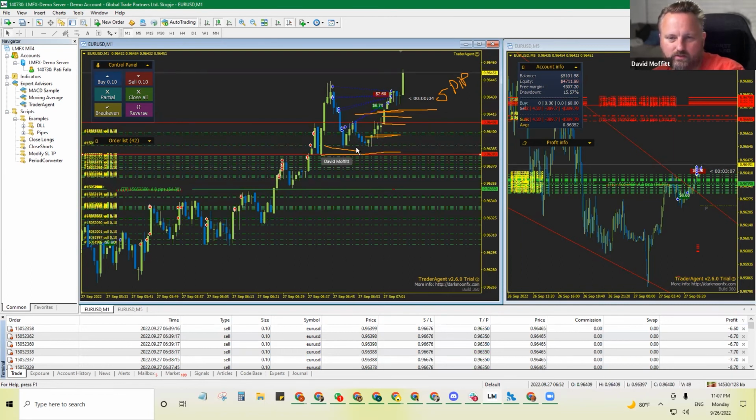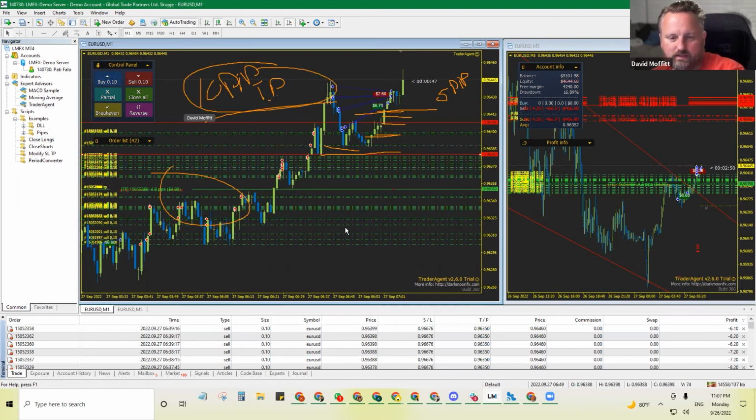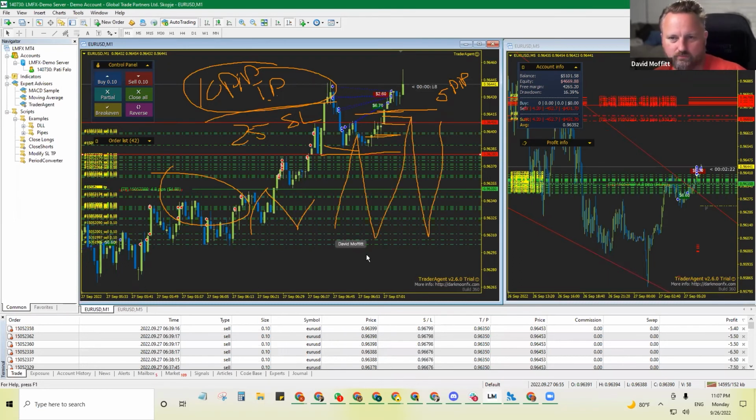And throw layers on with a 10 pip take profit. That'll protect these sells down here. A 10 pip take profit with a 25 pip stop loss. That'll protect these sells if it moves up, and on the sell side, volatility overnight, you should hit both of those.